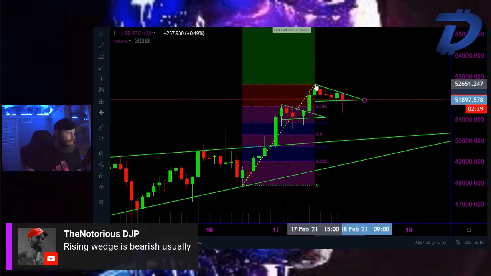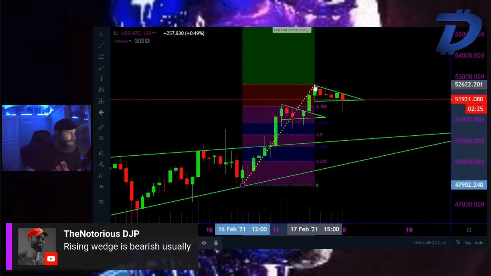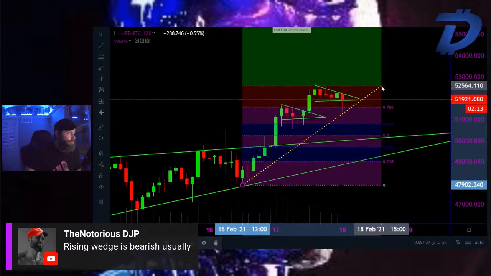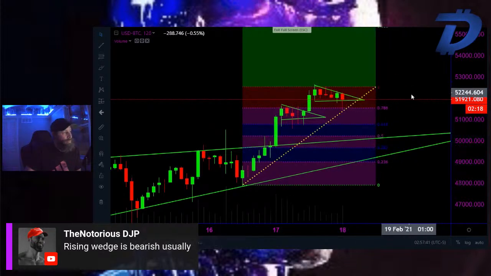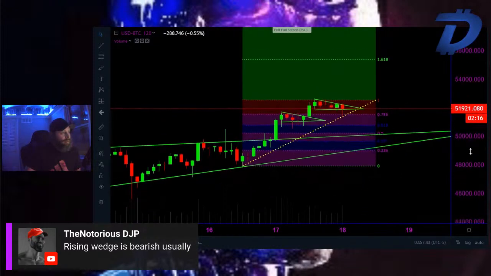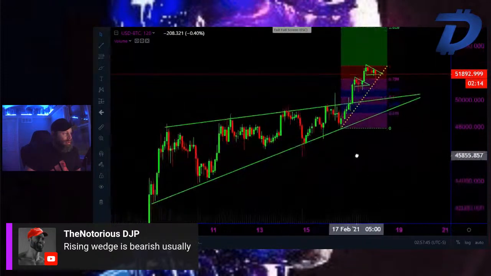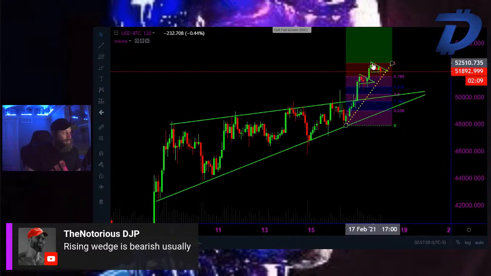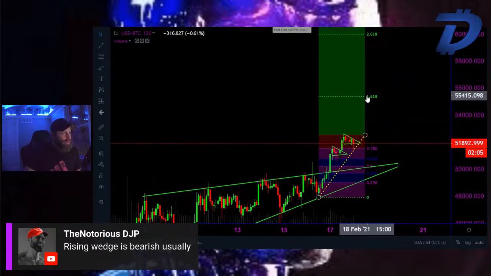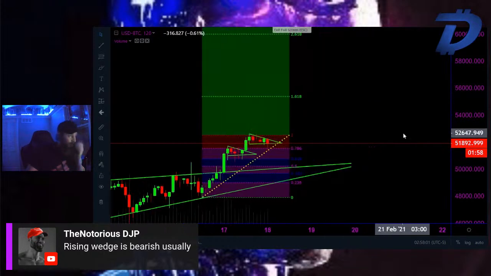Yeah, that's what I'm expecting from Bitcoin, right? From this high to low, we're looking at 1.6. That's the 55, 56 range. I think Bitcoin's going there, guys.